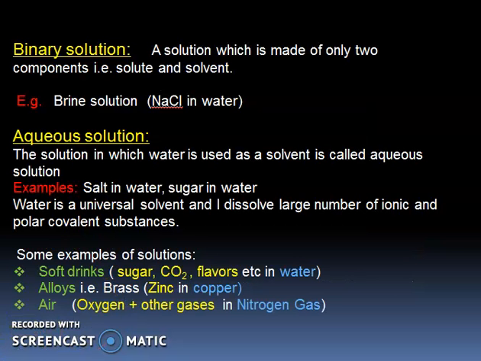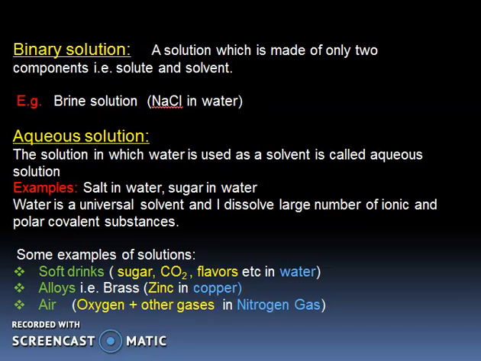Another term that is used is binary solution. We can define a binary solution as a solution which is made of only two components. For example, in brine solution we have only two components, sodium chloride and water.